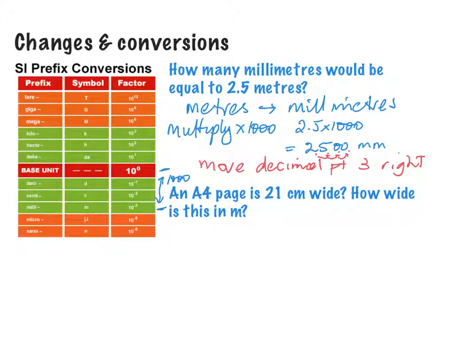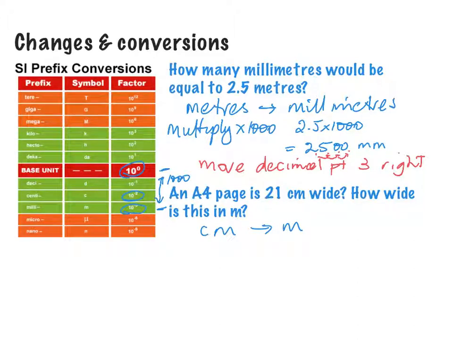So now I've got another example. I'm going to find out where these things are, and I'm going to work in blue. Here is cm, and here is metres. So we've got to go from cm to m.